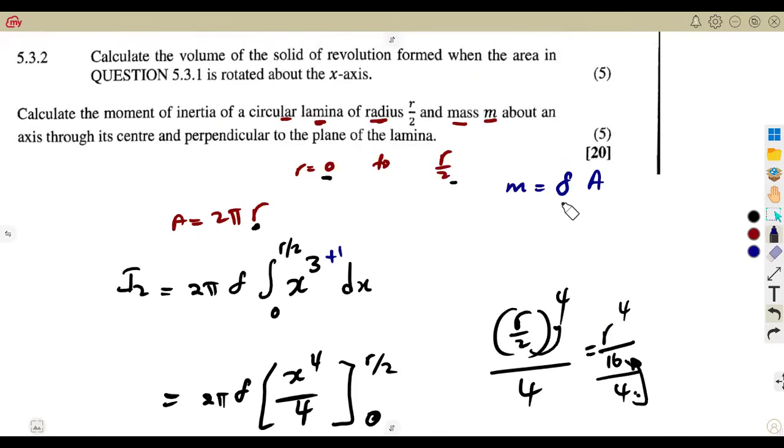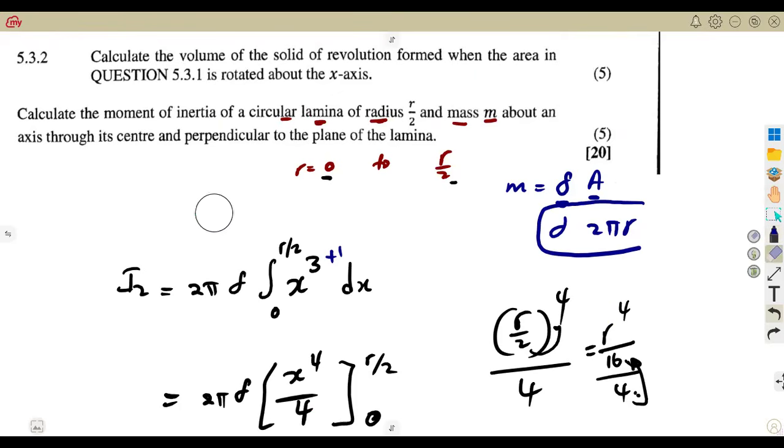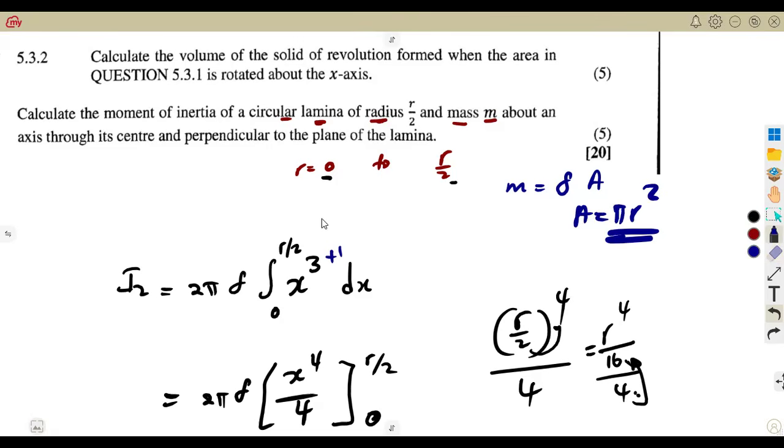The mass is area density times area, and the area of a circle is pi r squared.